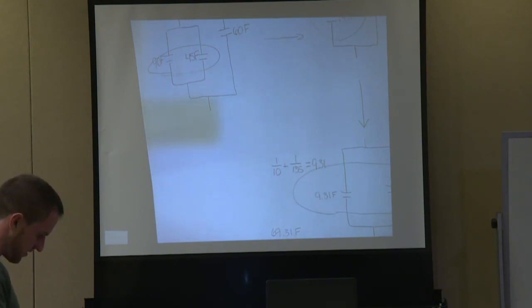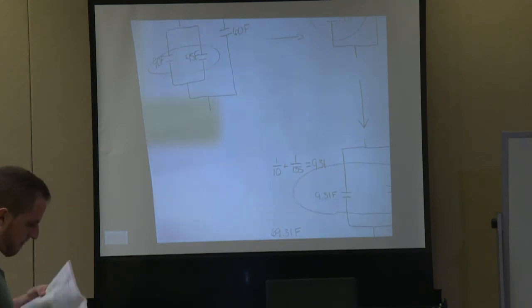Do a question here to brush up on right-hand rule. Here we are.